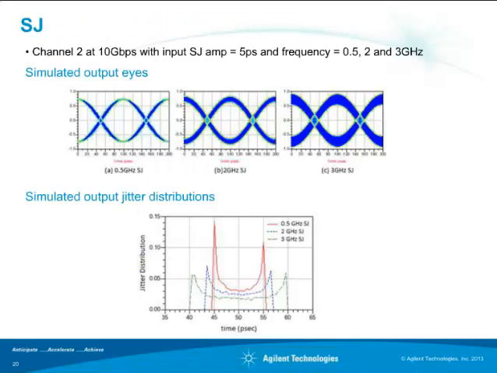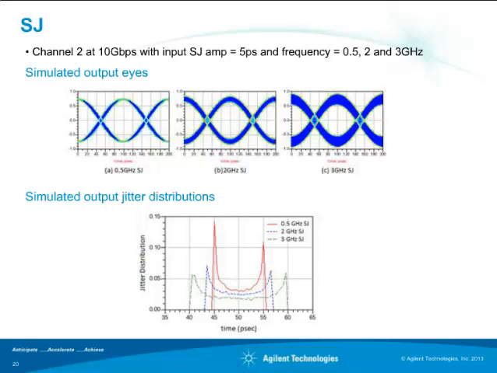So here is the result for RJ. First, we show the eye diagram of channel 2 at 10 gigabit per second with an input SJ at amplitude of 5 picosecond and frequencies at 0.5, 2, and 3 gigahertz.